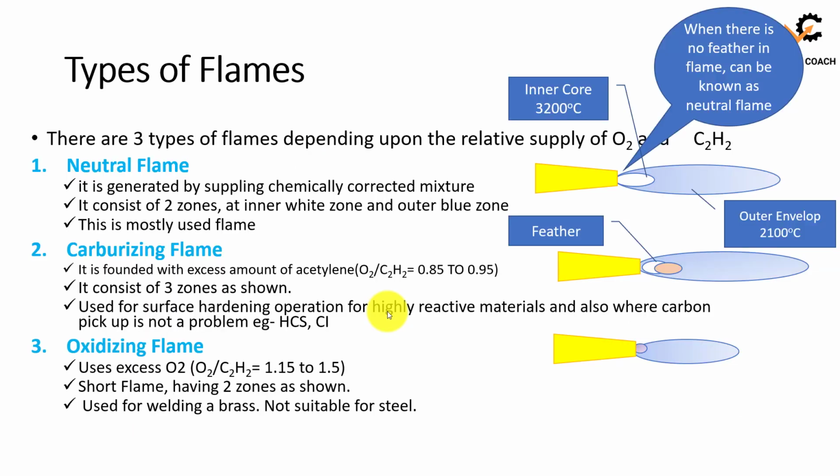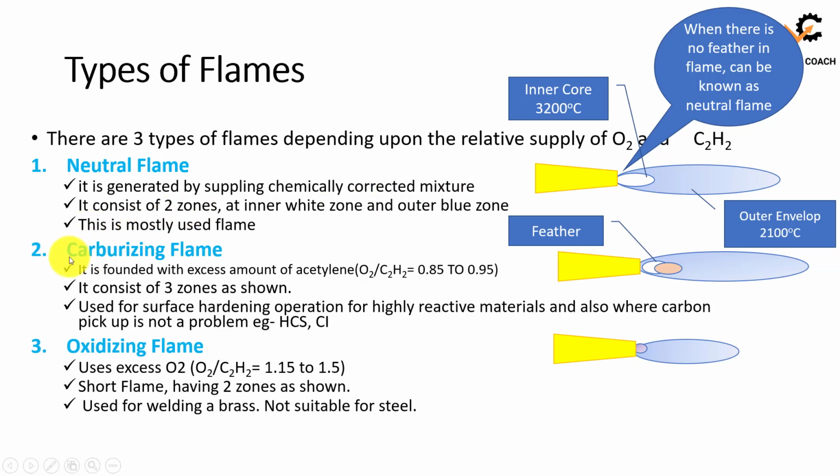Next, the types of flames depend on the quantity of oxygen and acetylene we are supplying. The first is the neutral flame. It is generated by supplying a chemically correct mixture, that is, the ratio of O2 to C2H2 is 1. In this there are two zones, as shown in the figure: inner white zone and outer blue zone, and this type of flame is mostly used in industry.